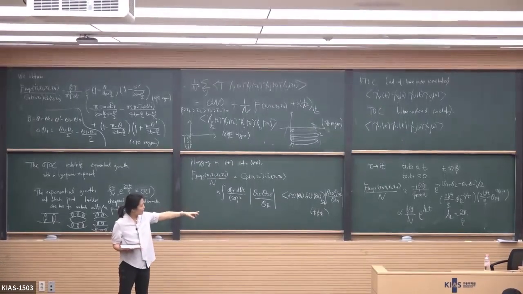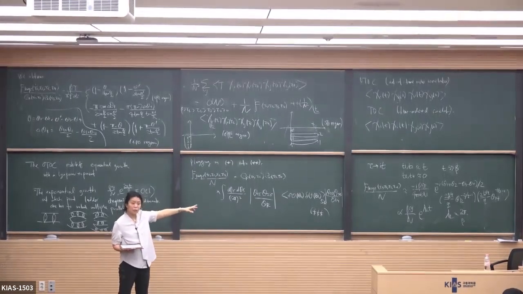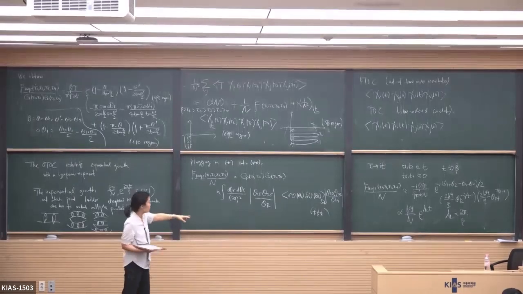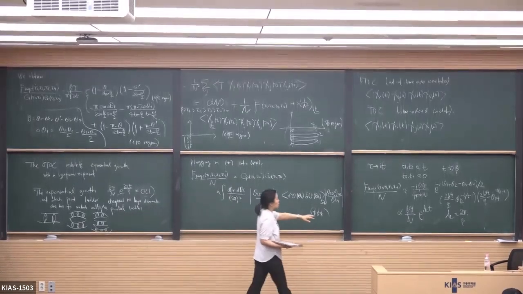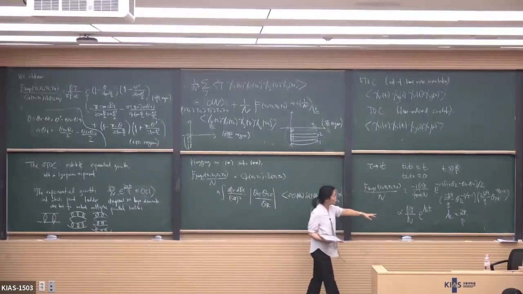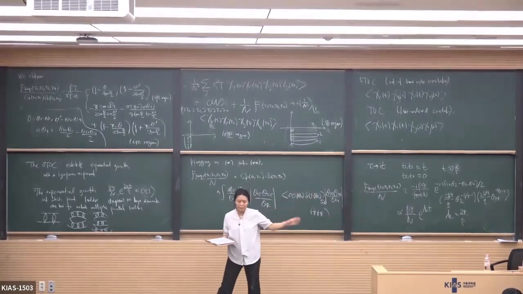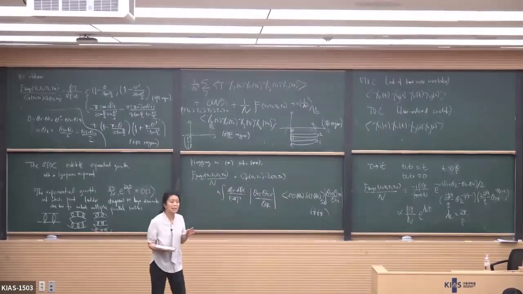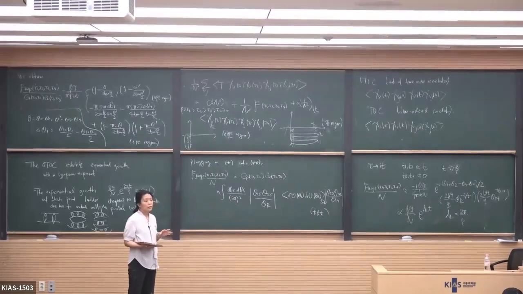And at finite temperatures, in general, you will find some exponent here. Okay? So the intuition of where this exponentially growing behavior comes from is connected to the idea of chaos in classical dynamical systems, right?